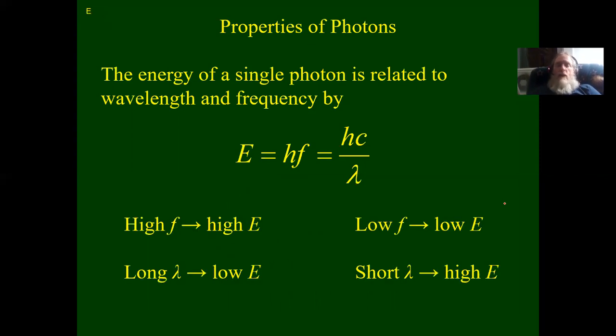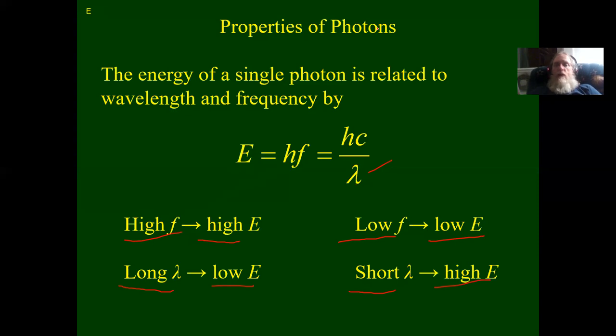So what that means is that the energy and the frequency are directly proportional: high frequency means high energy, low frequency means low energy. Again, talking about the energy in individual photons. Because the energy is inversely proportional to the wavelength, which is in the denominator, the bottom of the fraction, long wavelength means a low photon energy, and a short wavelength means high photon energy.